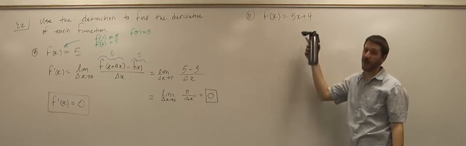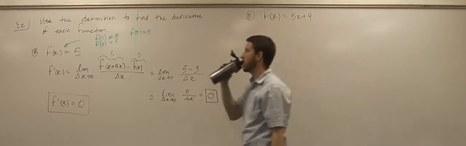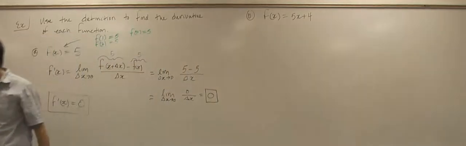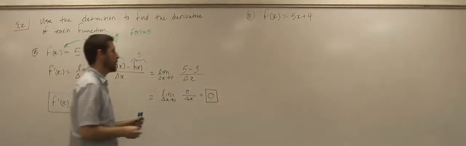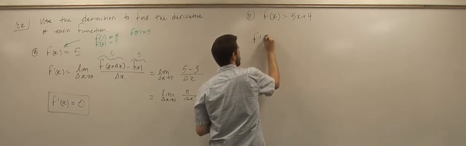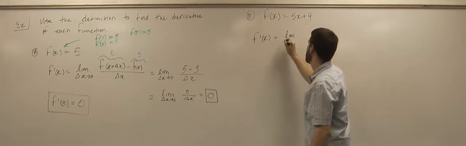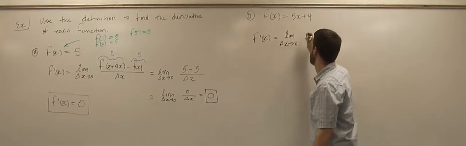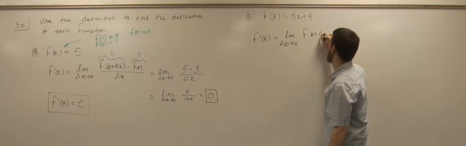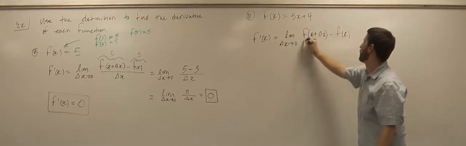Because the slope of this line is 5 and the derivative means slope. Well, let's calculate it. I need to do the limit as delta x goes to 0 of f of x plus delta x minus f of x over delta x.